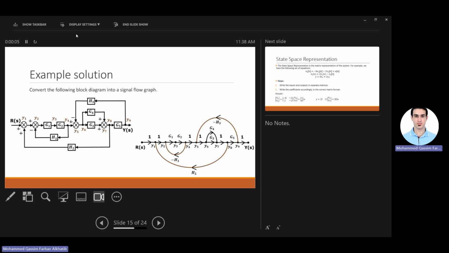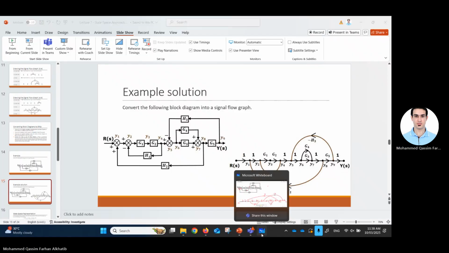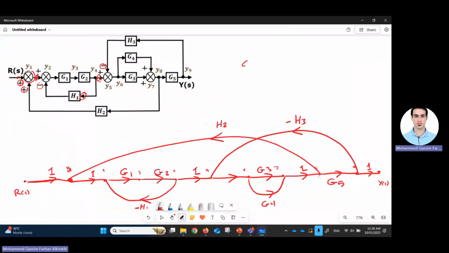Okay, the gain, if you go say here, if there is no block, it has to be 1. But if there is a block, that's the gain. The gain given to you is G1, G2, etc. But like this transition from Y1 to Y2, here is node Y1 and here's the node Y2, and there is, let's call it a wire between them.